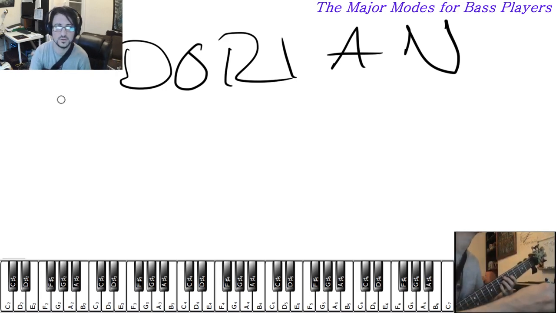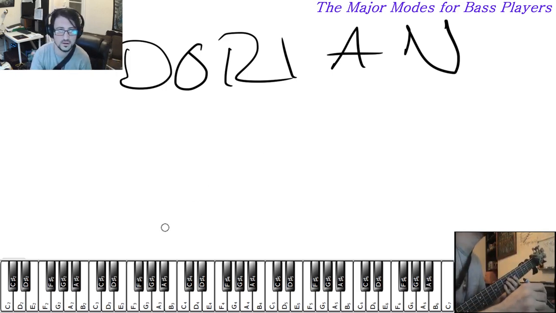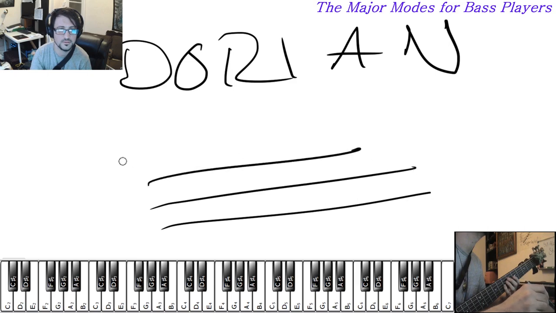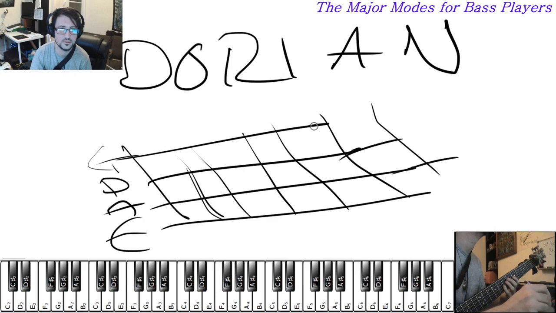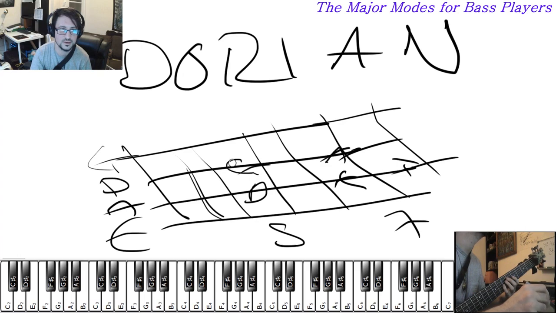I'll write that out for you as well, so you've got it clearly written. So we've got 1, 2, 3, 4. So this is E, A, D, and G. They're your frets. And so we're starting on the 5th fret now. So we've got D, E, F, G, A, B, C, D.